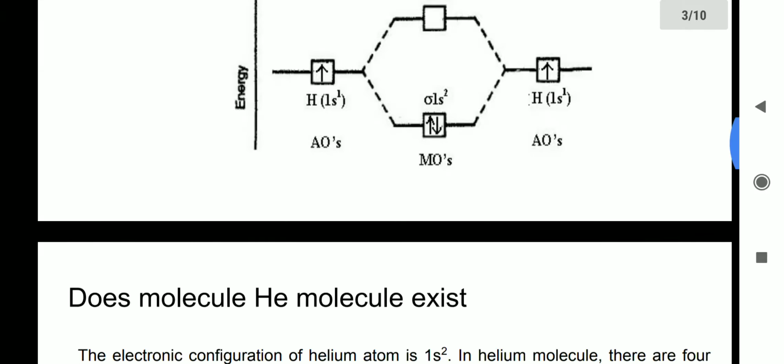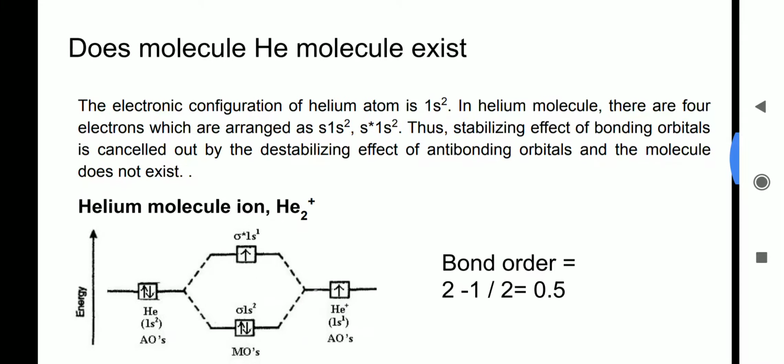Now let us talk about the He2 molecule. He2 molecule does not exist, and the reason for it is that its bond order comes out to be 0. Now the He atom has the electronic configuration of 1s2. Two He atoms will have 4 electrons, and these 4 electrons will be arranged in sigma 1s and sigma star 1s orbitals, 2 in each.